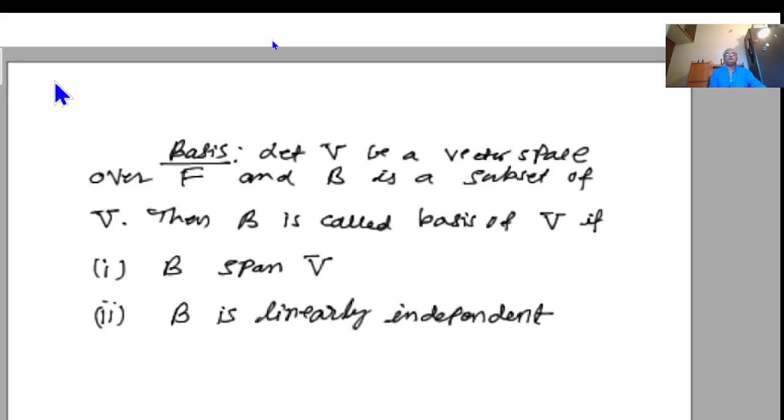If these two conditions are satisfied, then you say that B is a basis for the vector space V.